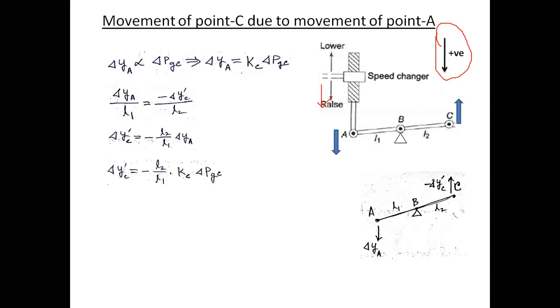If we put the expression of del YA from the previous expression, it becomes minus L2 by L1 Kc del PGC, with the minus sign. And now L2 by L1 is taken as the constant K1.